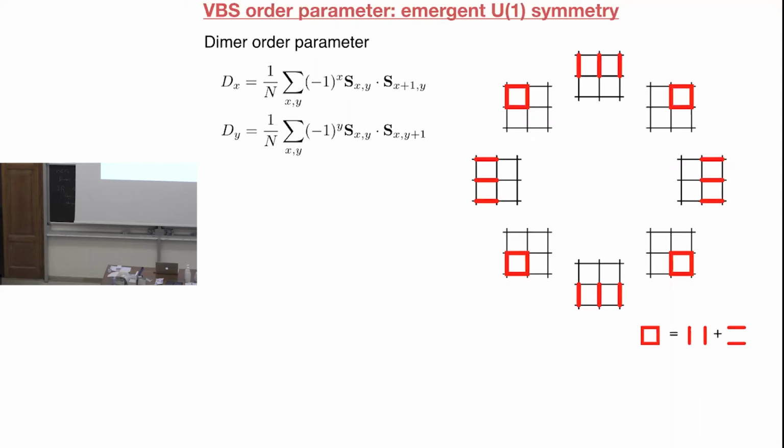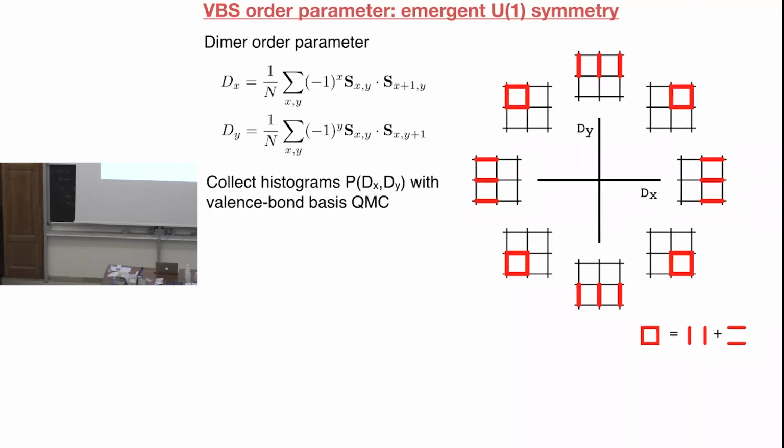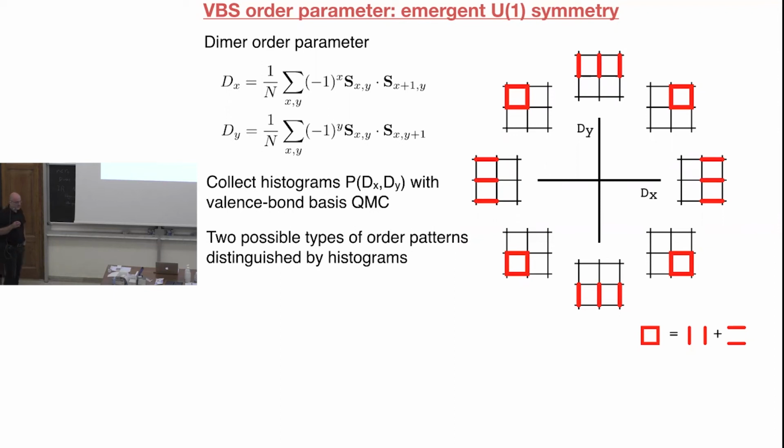So we can associate the plaquette state to some points in between, and this would be my dx and dy axis. So what we can do in the simulations is to measure these individual order parameters, and that's actually most easily done in this valence bond basis that I didn't talk much about. But in the DQC scenario, it doesn't tell us what kind of VBS we should have. It could be a columnar or a plaquette state.